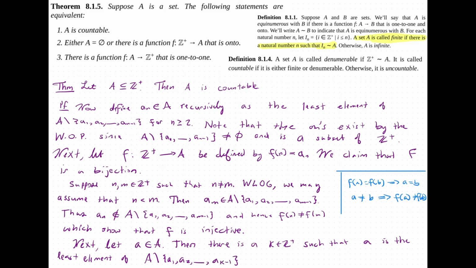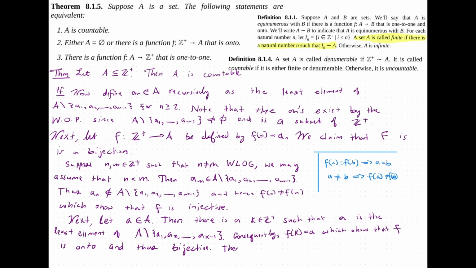And so here what we're doing is asserting the existence of some positive integer k, such that if we remove all the elements that are strictly less than a, and we're assuming that there's k minus 1 of them, so we remove each of them, then we can guarantee ourselves to have a as the least element of this set. So consequently, we have that f of k is equal to a, which shows that f is onto, and thus bijective.